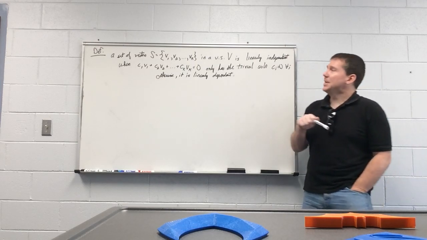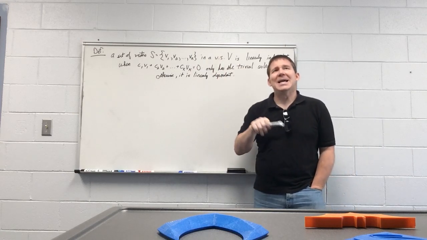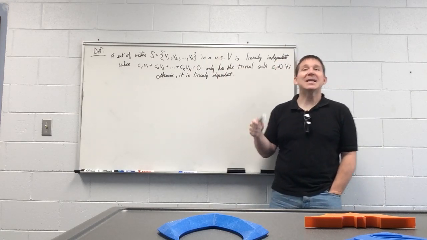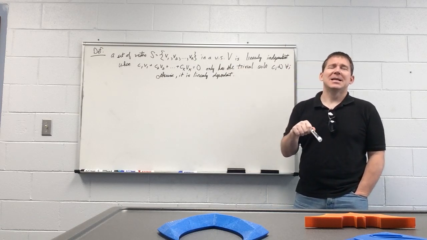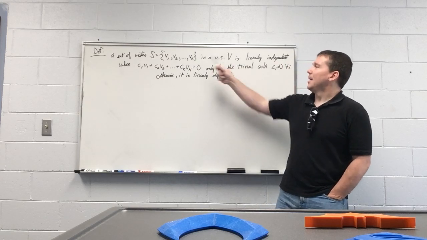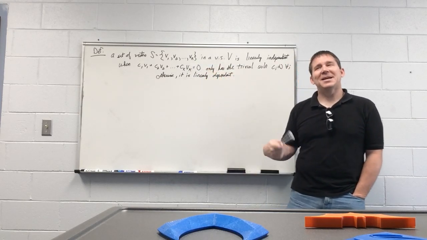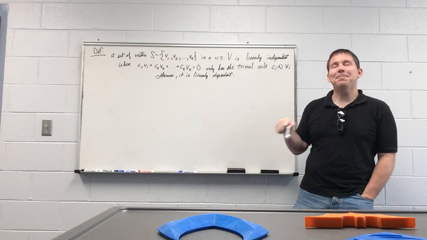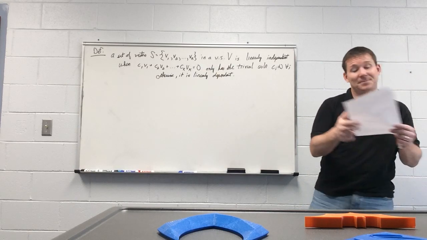So you'll have a definition for independence, which is what we have here, and then you say, if it's not independent, then it's dependent. There's other ways to do this based off of this definition right here, which we'll see. But another way of saying it is it's dependent if it's not independent. Okay.